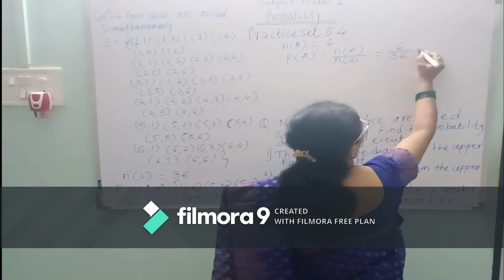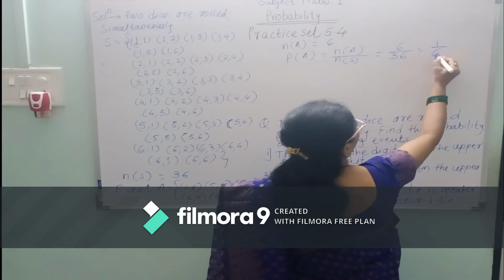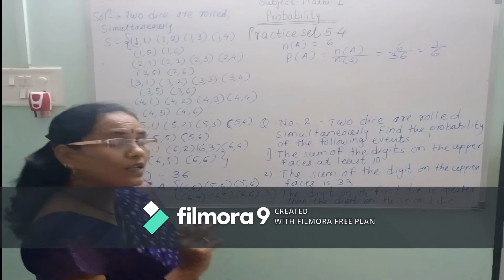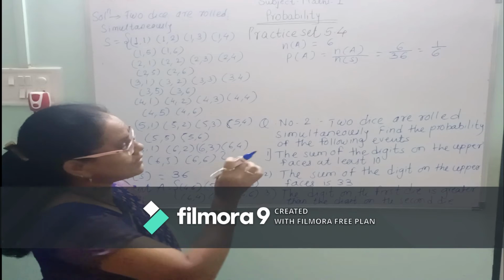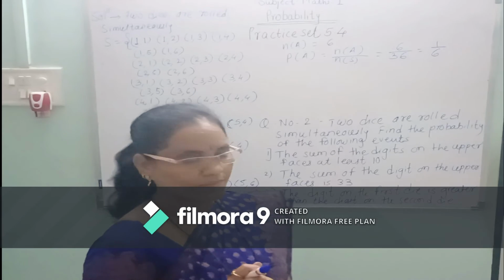Dividing 6 by 36, 6 ones are 6 and 6 sixes are 36, so the probability of event A is 1 upon 6.